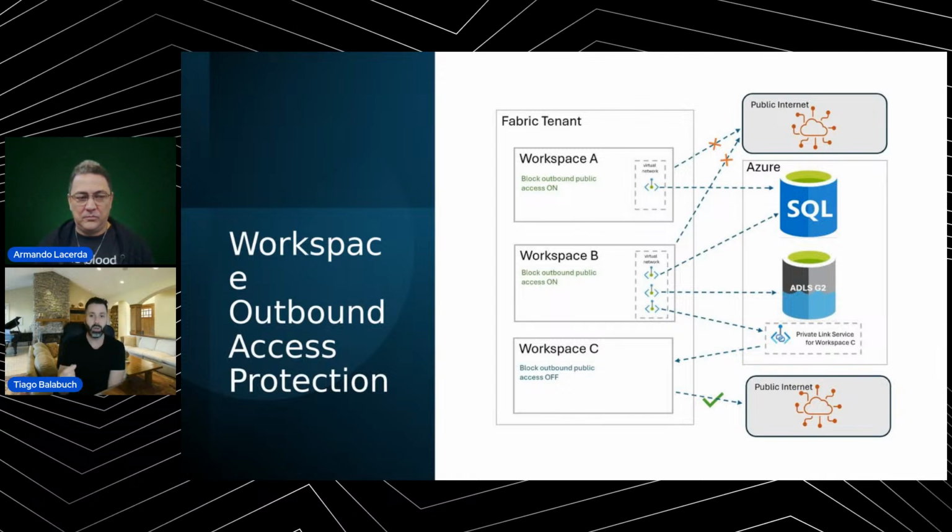I need to have a private link service for workspace C. What we have seen previously applies here as well. So even inside of Fabric, to communicate between different workspaces, you need a private connection.